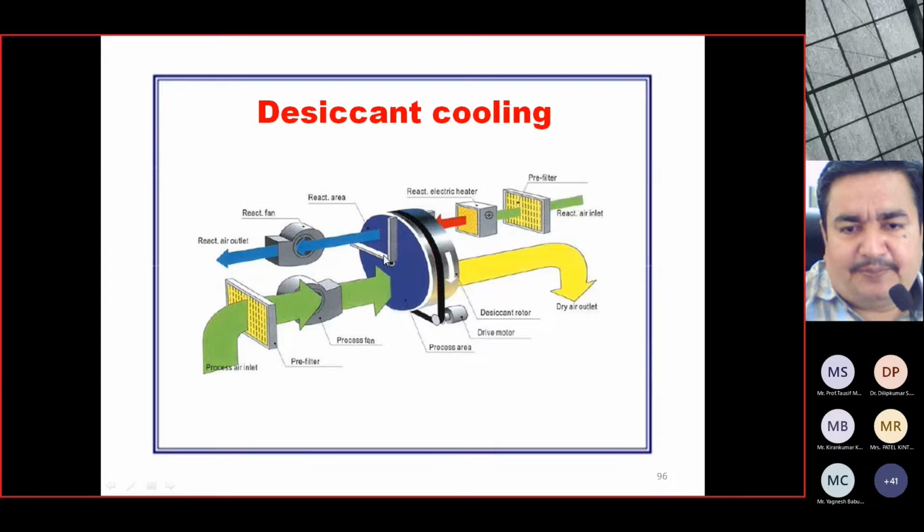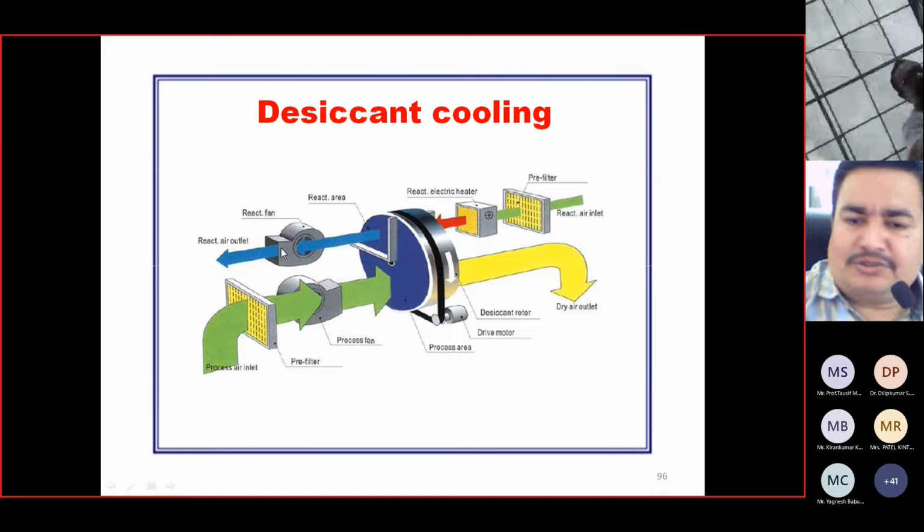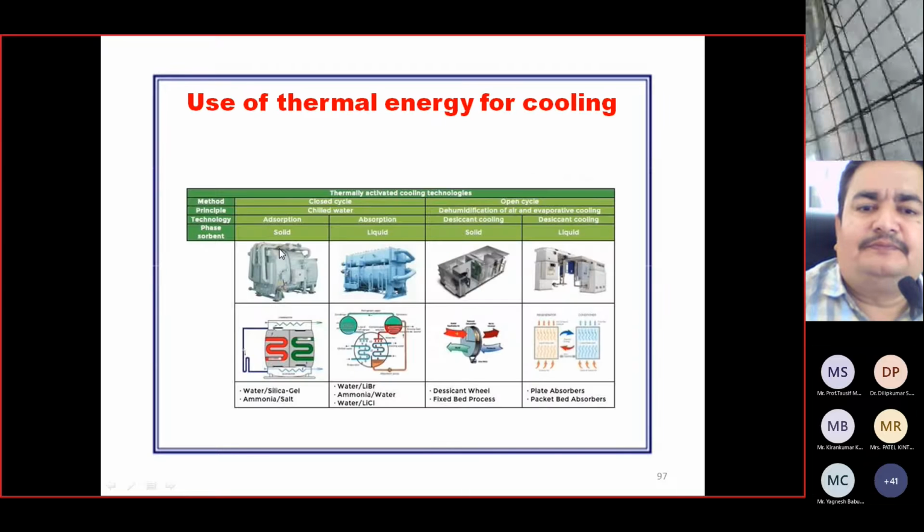So it prevents any flow between the process side and the reactivation side. And after passing through the heater, reactivation air passes through the reactivation area, desorbs the desiccant, and is exhausted to the atmosphere.